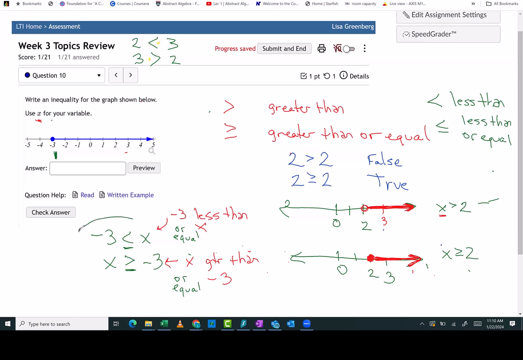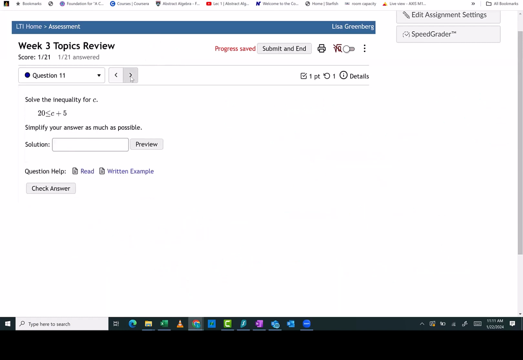Both of these answers are correct. When we solve inequalities, this is the only thing that really changes between equations, which are equal, and inequalities, which could be less than or greater than.